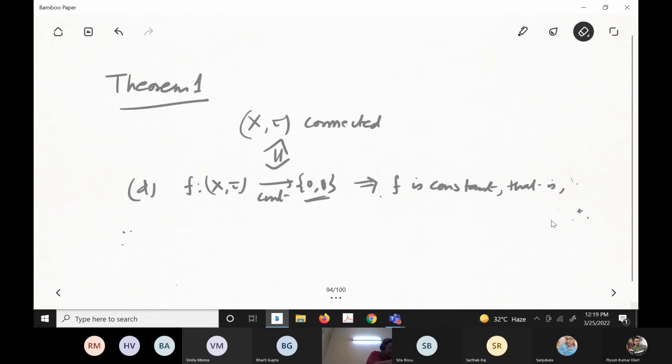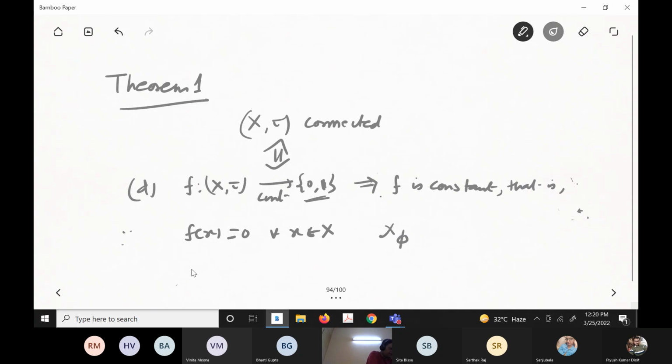Let me explain that. Either you have f(x) equal to 0 for all x belonging to X, which means f(x) equal to 1 is empty, so this is chi of the empty set.